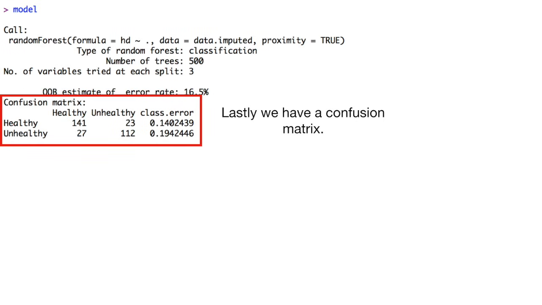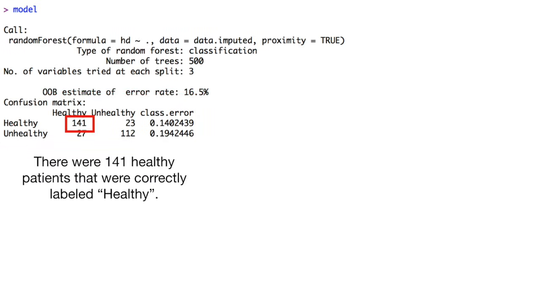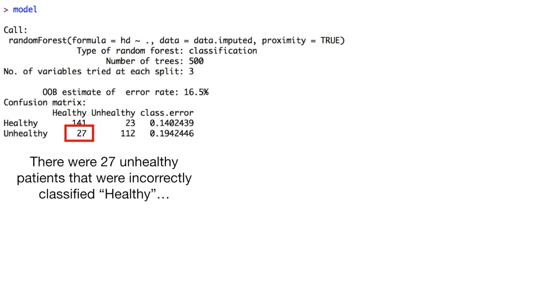Lastly, we have a confusion matrix. There were 141 healthy patients that were correctly labeled healthy. Hooray! There were 27 unhealthy patients that were incorrectly classified as healthy. Boo!